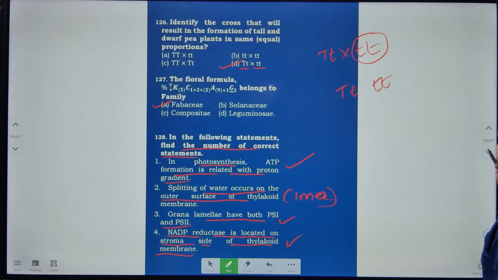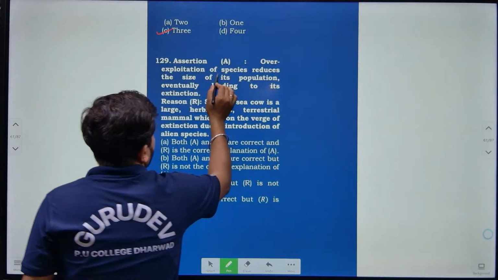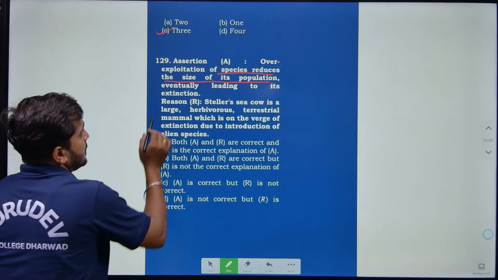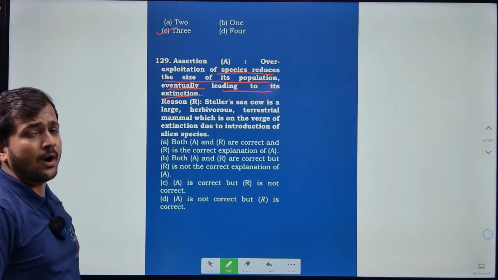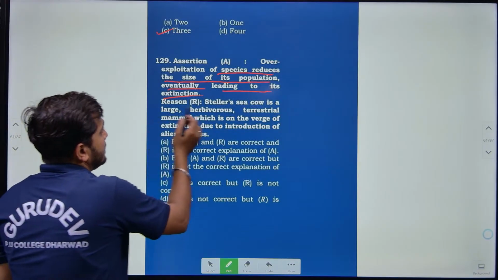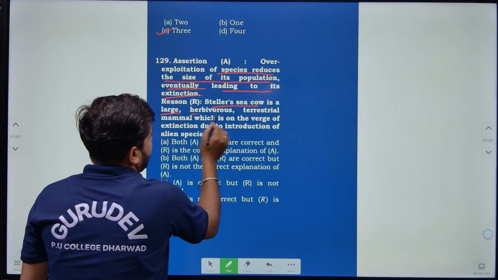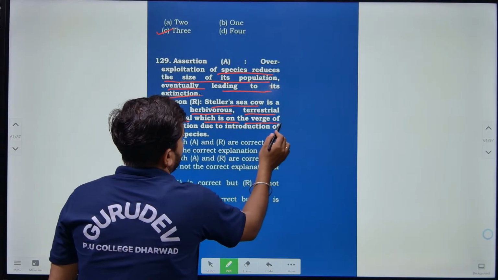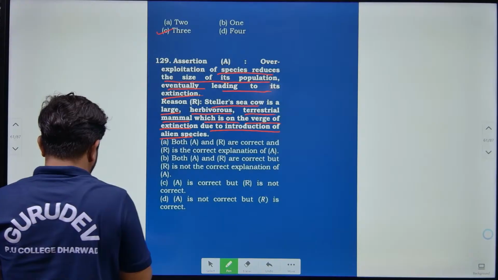Then the next question, assertion: over exploitation of a species reduces the size of its population, eventually leading to its extinction. Then the Steller's sea cow is a large herbivorous aquatic mammal which is on the verge of extinction due to the introduction of alien species.